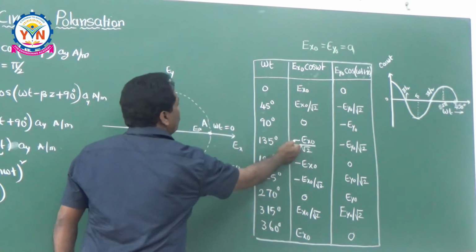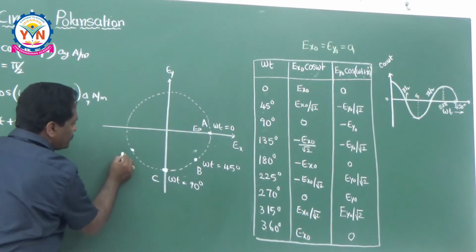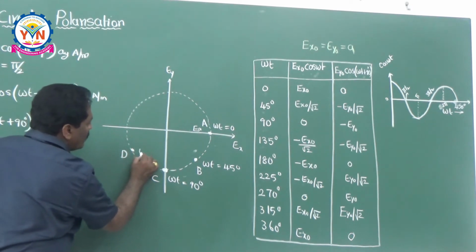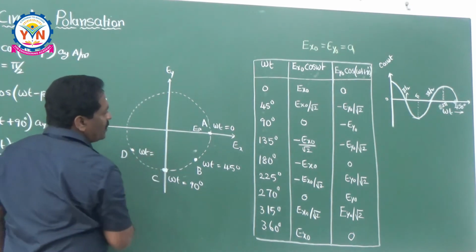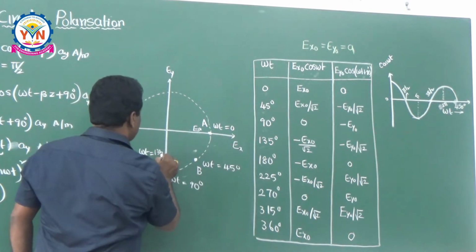At an angle of 135, both are minus, meaning third quadrant. So this is the point D, where omega t is equal to 135.